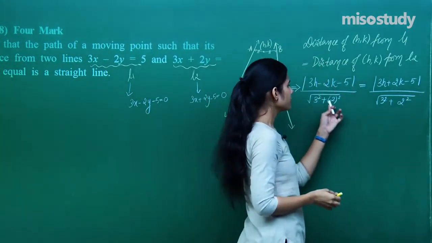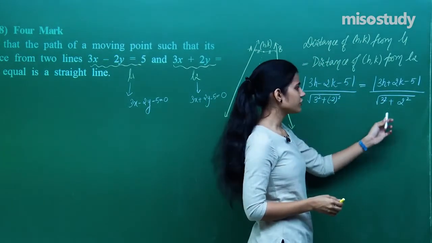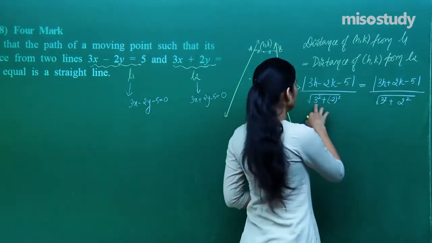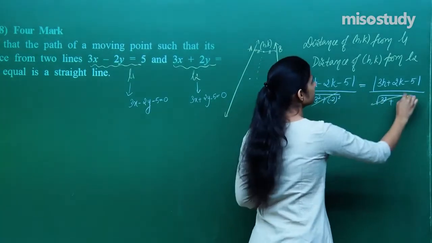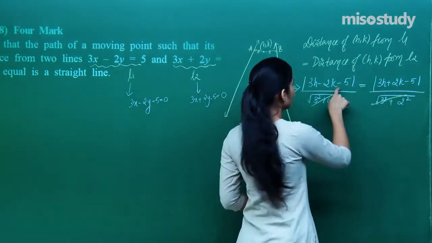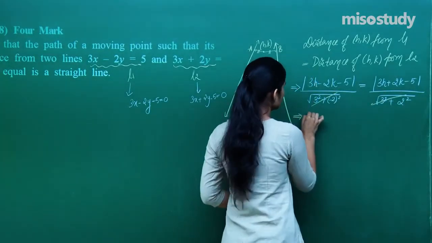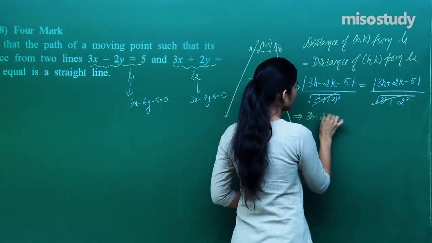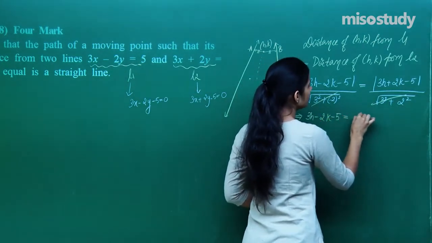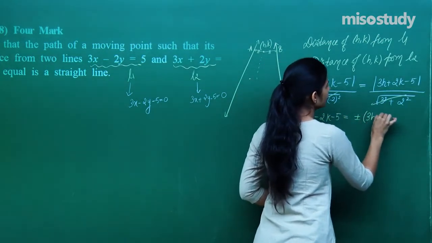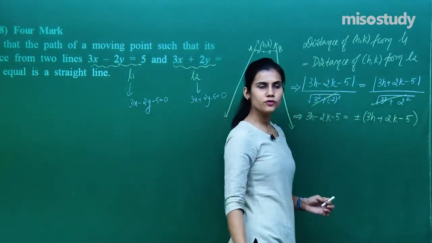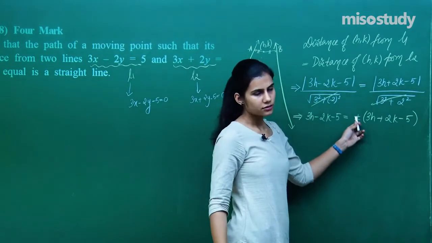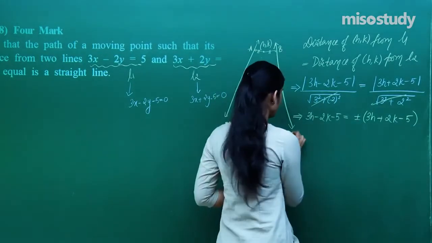You know under root of 3 square plus minus 2 square is equal to under root of 3 square plus 2 square. This is what? 9 plus 4, that's 13, root 13 cancels out. You have got mod of this equals mod of this. This implies 3h minus 2k minus 5 is equal to plus minus 3h plus 2k minus 5. I have just removed the mod sign, so plus minus eventually comes as the value.